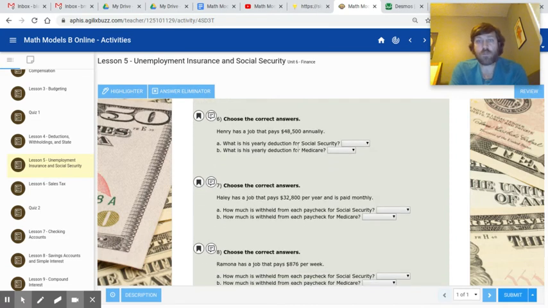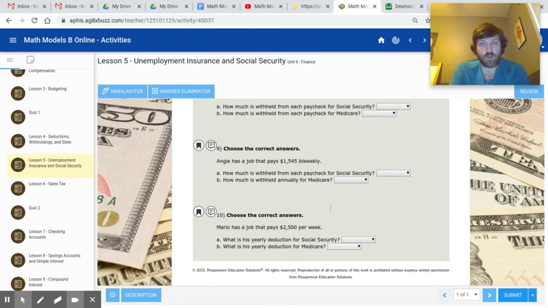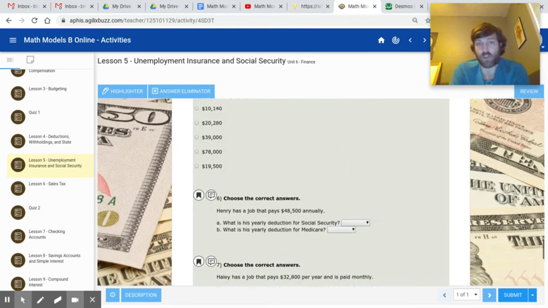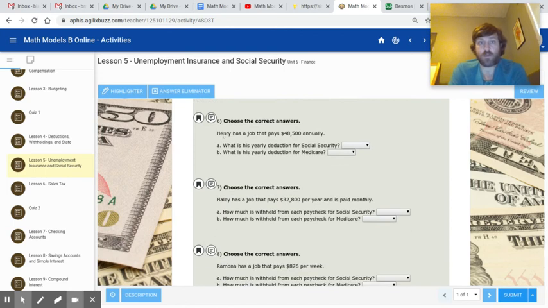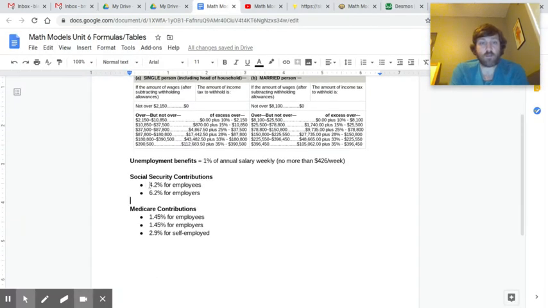Unemployment. Then we get to the questions about Social Security and Medicare. I think these are all the same types of questions. Yep. So I'm just going to do one of these because they are pretty simple. Henry has a job that pays $48,500 annually. What is the yearly deduction for Social Security? Looking at our chart, you'll see that for Social Security, employees pay 4.2% of their salary.